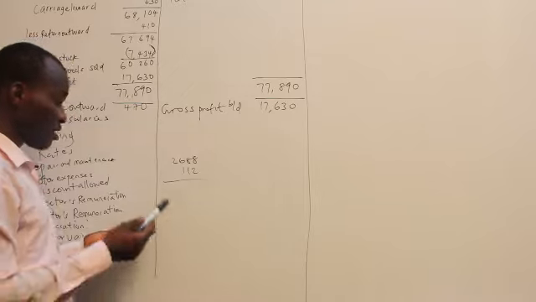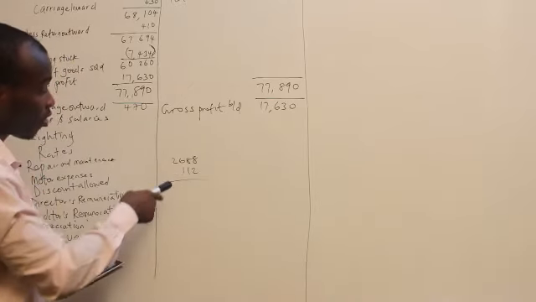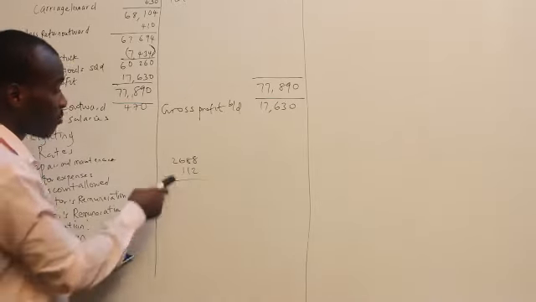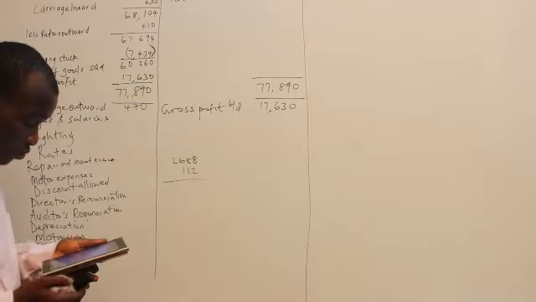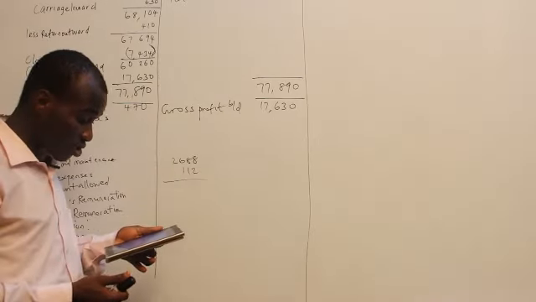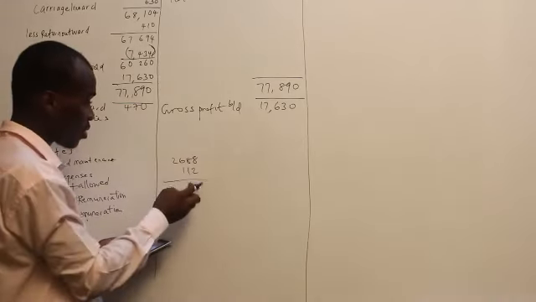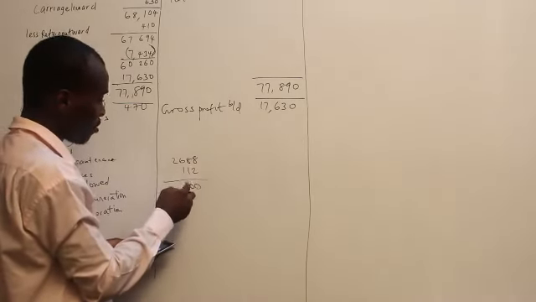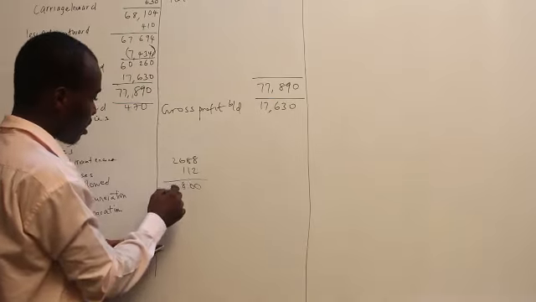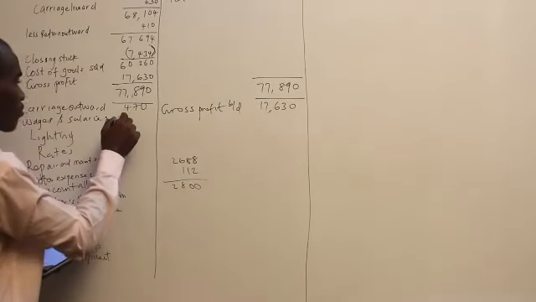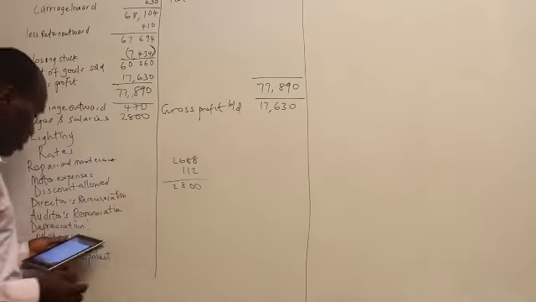So since these wages have been incurred in this period, although they have not been paid for, we have to recognize such expenses in the profit and loss account. So we are going to add this now. We have 8 and 2, so that gives us 2,800 as wages and salary.